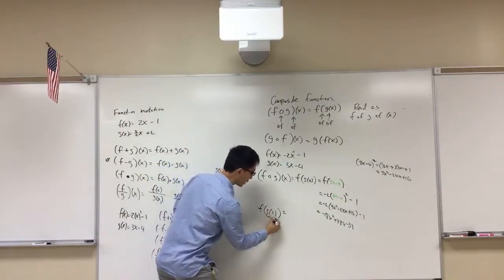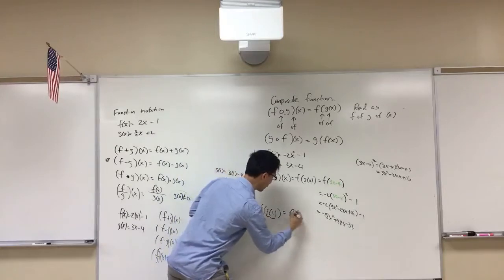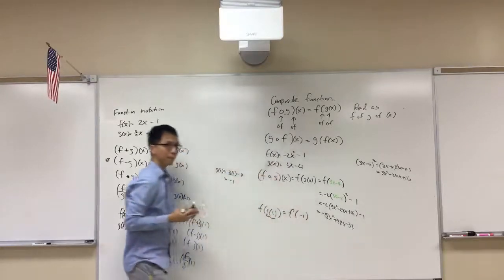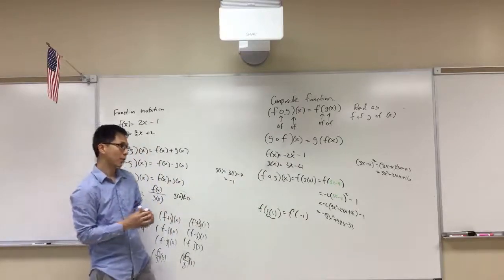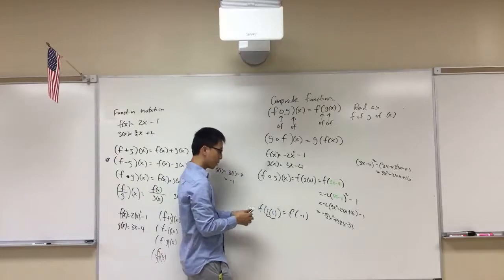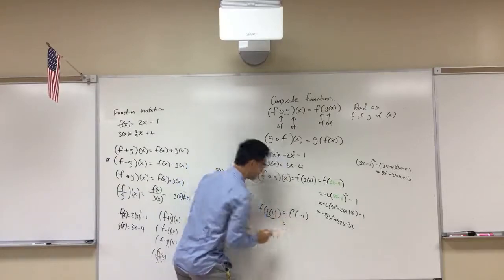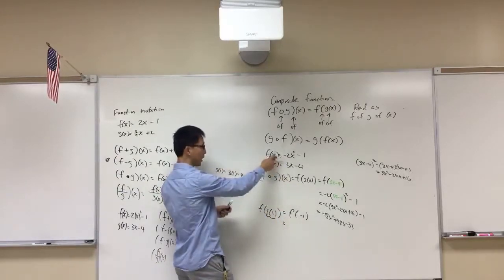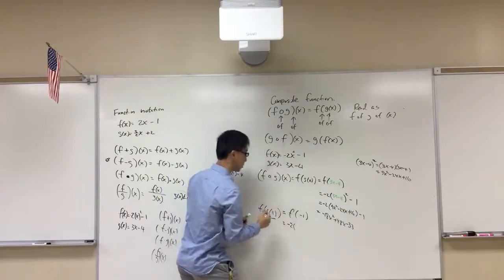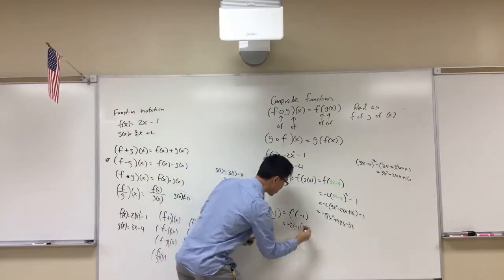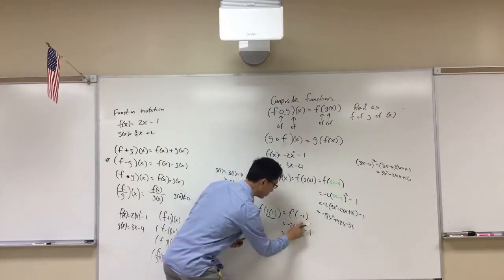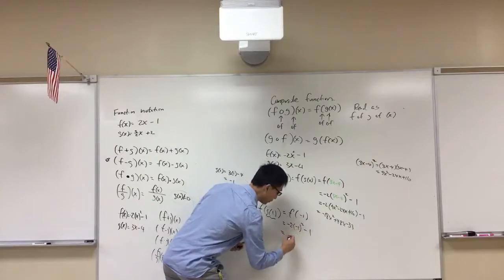So g of 1 is negative 1. And all we're going to do is plug in f of negative 1. So now we plug the negative 1 into the f function. It'll be negative 2 times negative 1 squared minus 1, so that's equal to negative 2 minus 1.